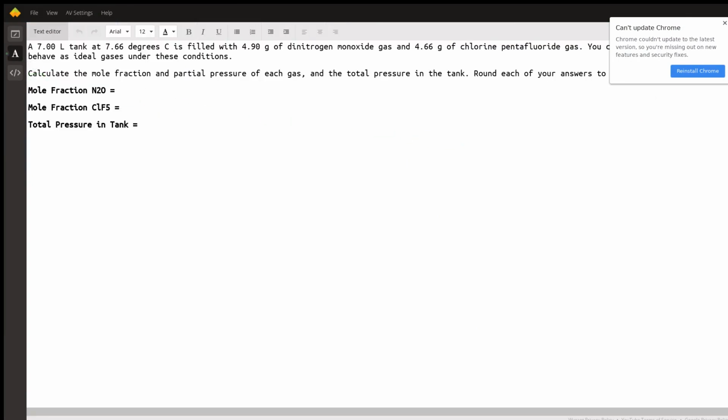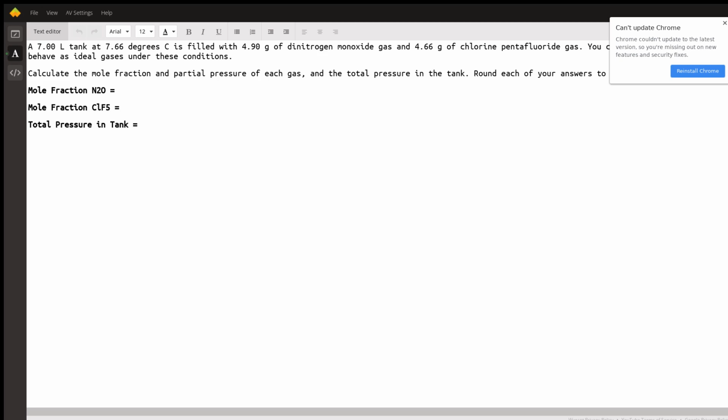It looks like an ideal gas law problem, so let's read it first. We have a 7-liter tank at 7.66 degrees Celsius filled with 4.90 grams of dinitrogen monoxide, or N2O, and 4.66 grams of chlorine pentafluoride, or ClF5.